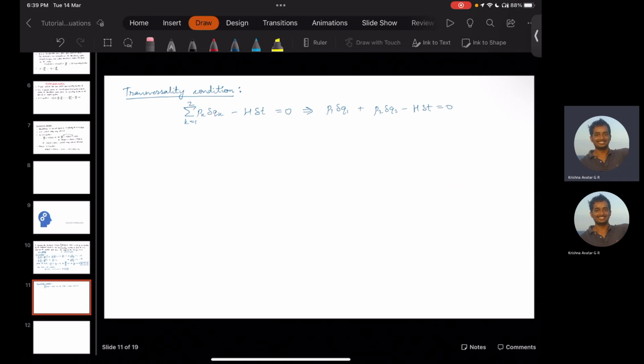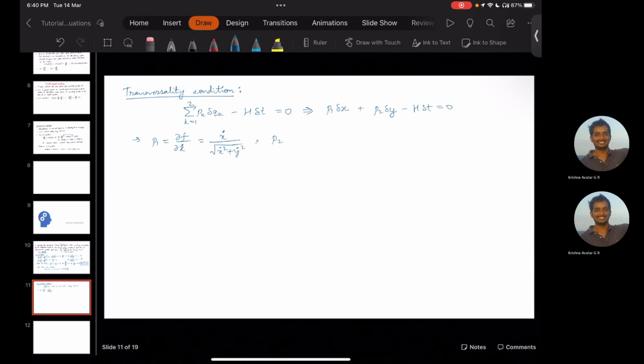Let's contextualize it in our problem. So q1 is nothing but x and q2 is nothing but y in our problem. Now our goal is to determine p1, p2, and h. So from our definition, p1 is given as del F by del x dot, which is x dot divided by root over x dot squared plus y dot squared.